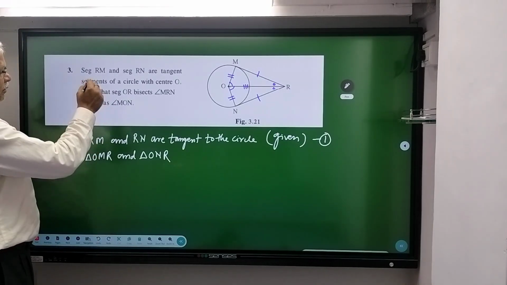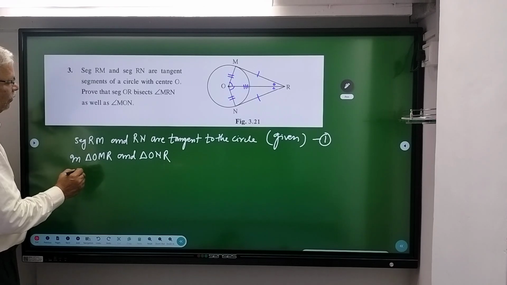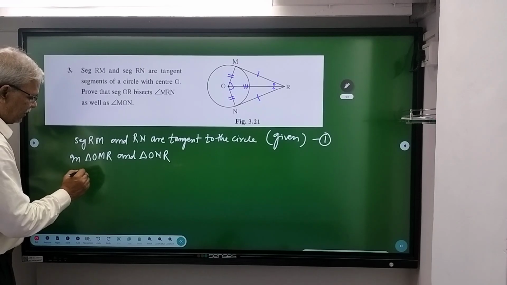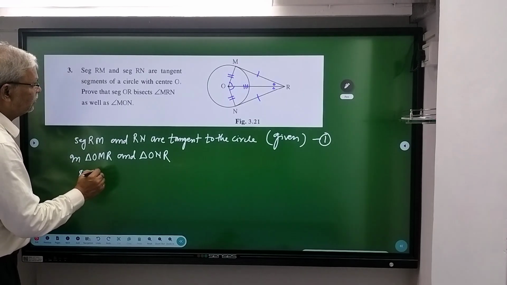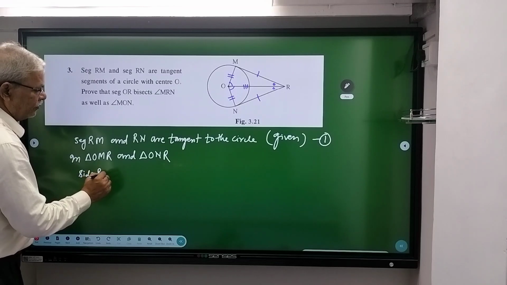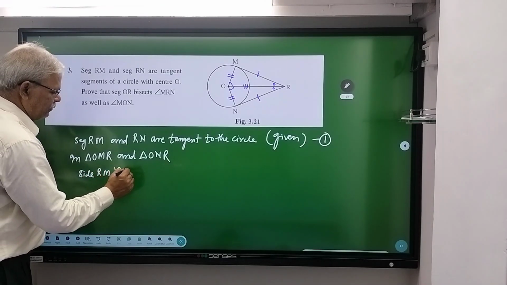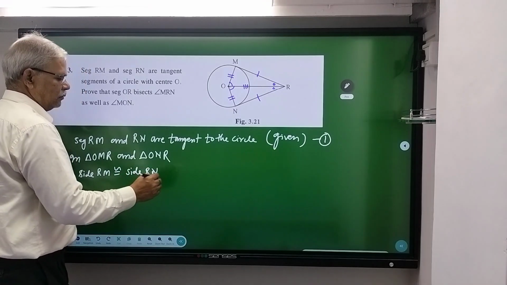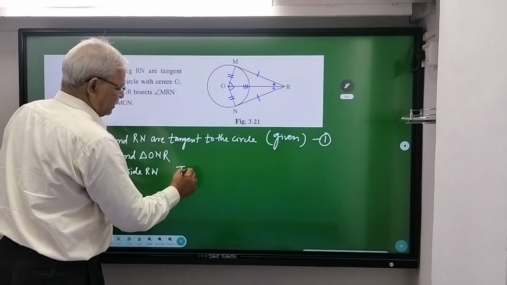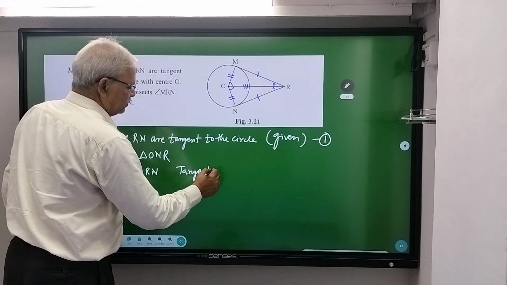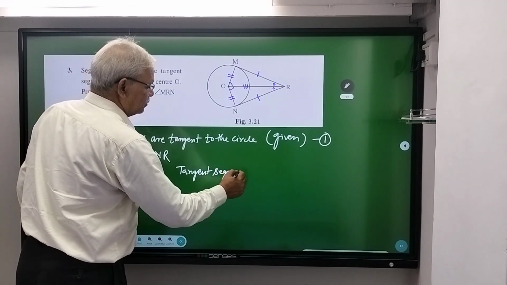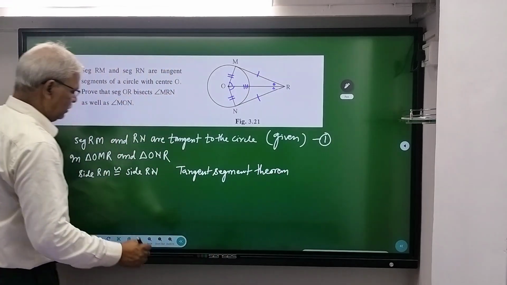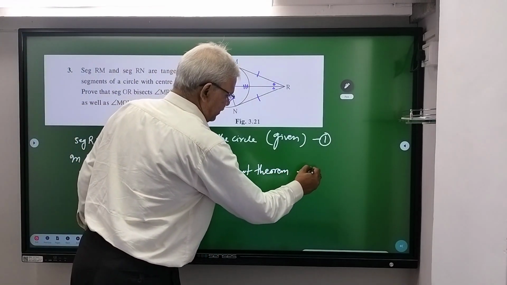Now, the second thing: side RM is congruent to side RN, from the tangent segment theorem. Okay, this is the second one.